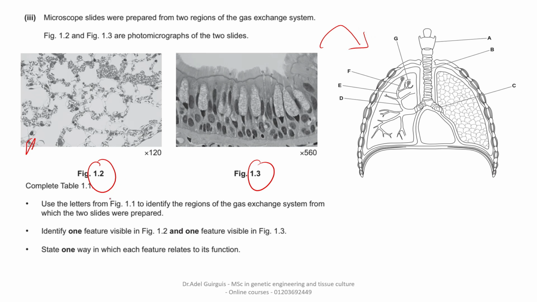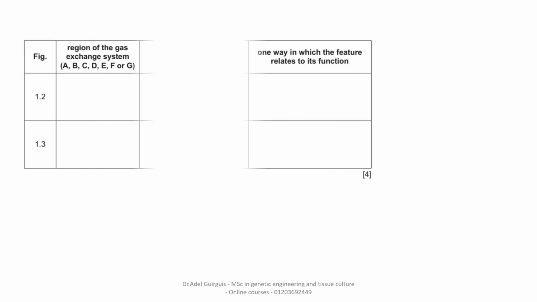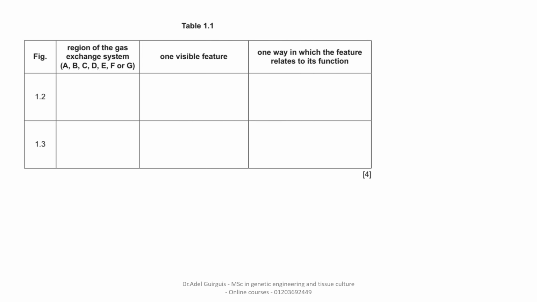Identify 1 feature visible in figure 1.2 and 1 feature visible in figure 1.3. Then state 1 way in which each feature relates to its function, its adaptation. Here, look, this is table 1.1.